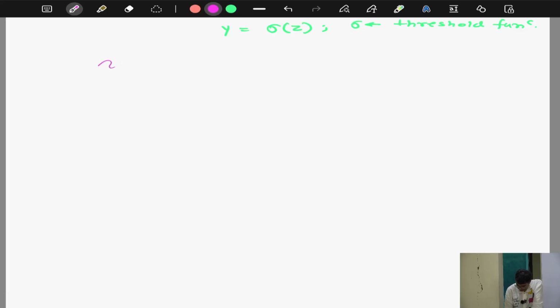Okay, so if you think about the neuron, something like this the neuron looks. Again, a very bad diagram, but that's okay, I guess.